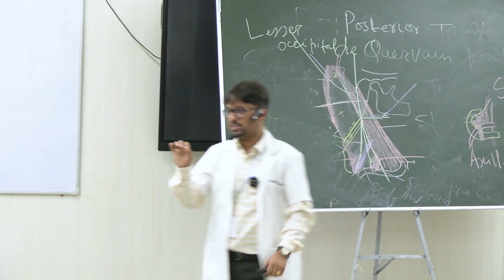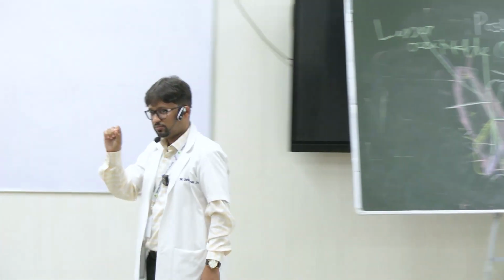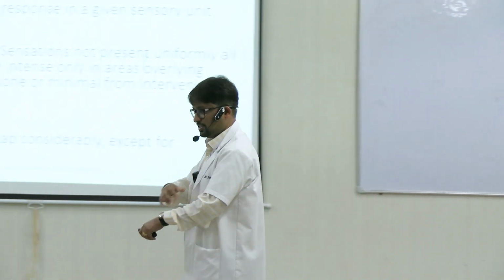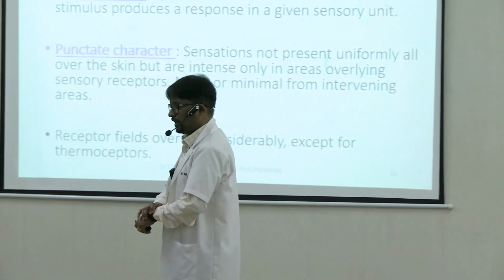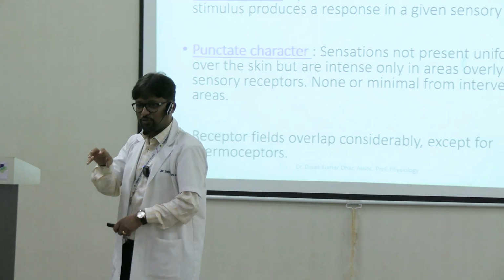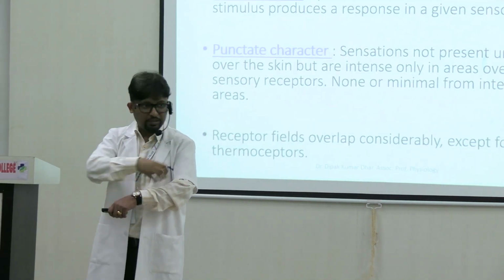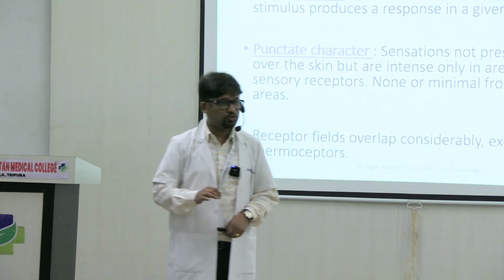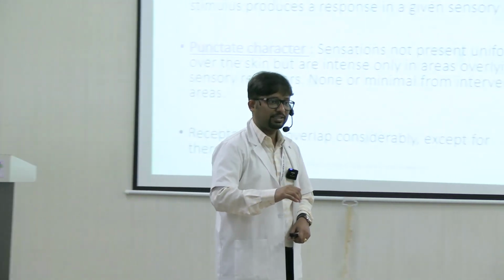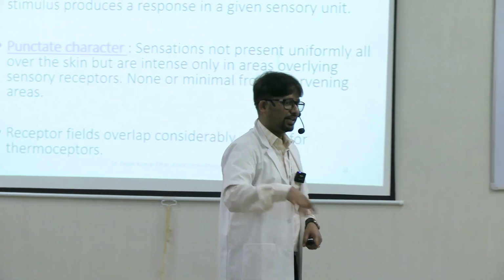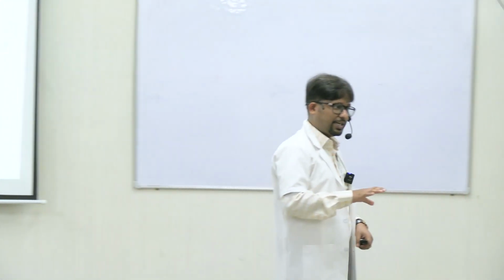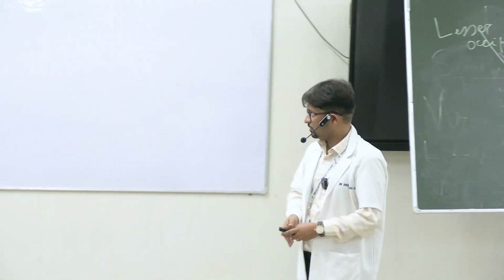Punctate means spot, small. The receptors are present as small spots all over the skin. Sensations can be produced only when the skin overlying the receptors is stimulated. Intervening areas do not have any type of sensation. This is what it means.